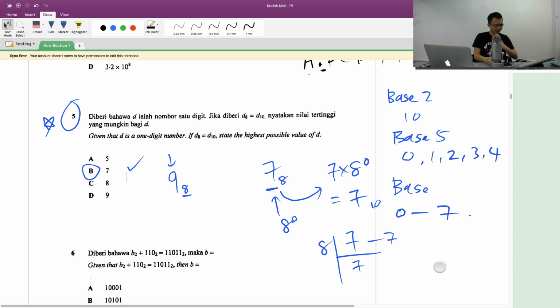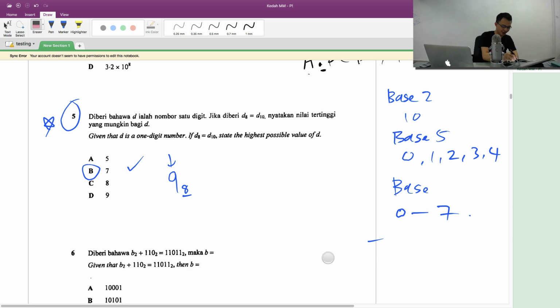Let me just do a quick check, because I want to solve this one here. Let's say we have 12, we want to change it to the base 8. Normally we divide by 8, isn't it? I remember last time if I divide by 8 here, I will have 4 left.